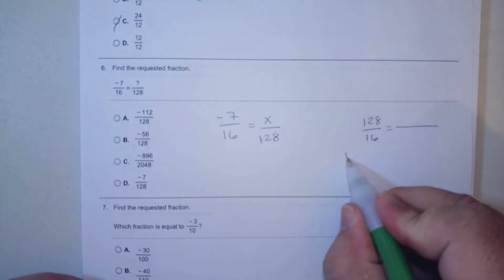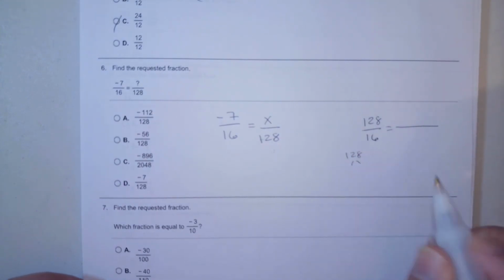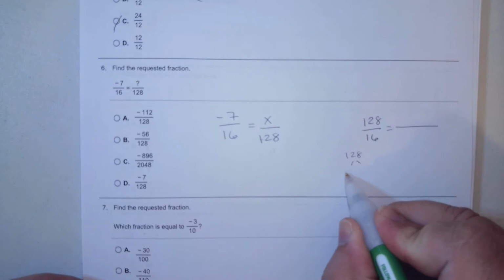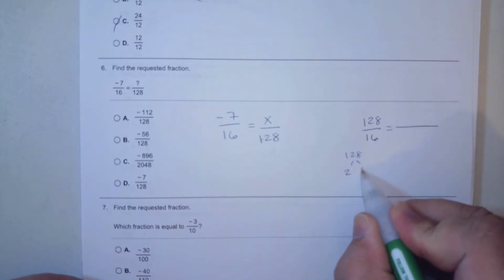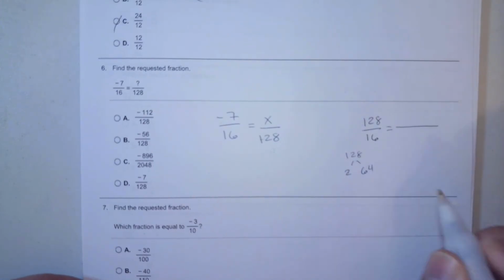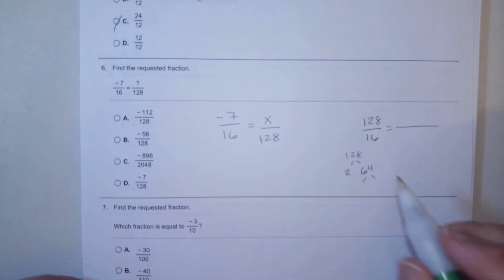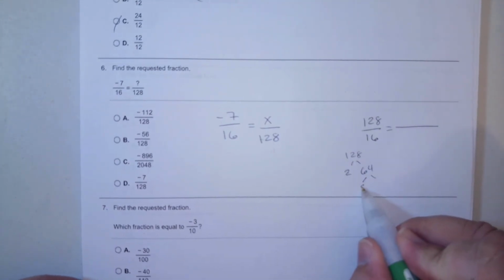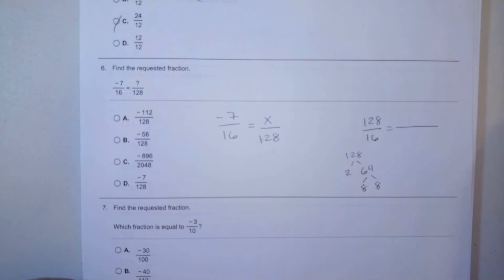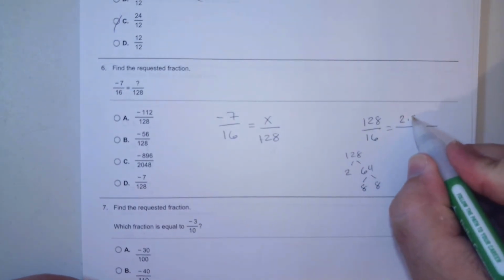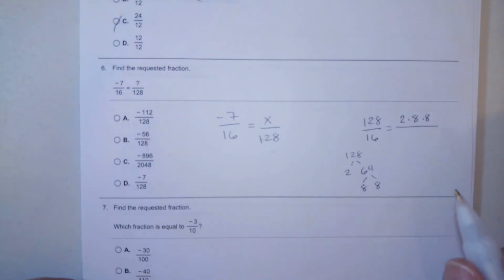Let's factor 128. 2 goes into 12 6 times. 2 goes into 8 4. 64 is 8 times 8. Well, that helps us. 2 times 8 times 8. Why?